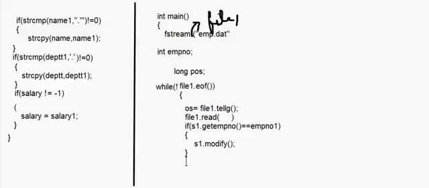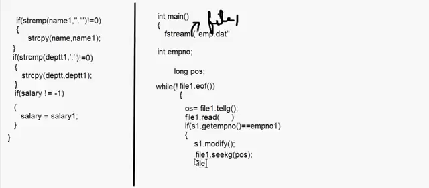Okay. Now this is the place where your modify function is called. Once the modify function is called and the user enters the new record, then you have to do this file1.seekg(pos). That means I have to position my cursor back at the position where the record is starting, right? Because when you read the record, the cursor goes to the end of that record. So now I have to come back to the beginning of the record.